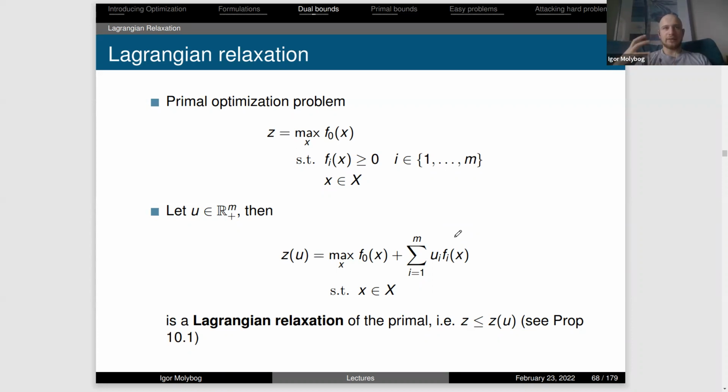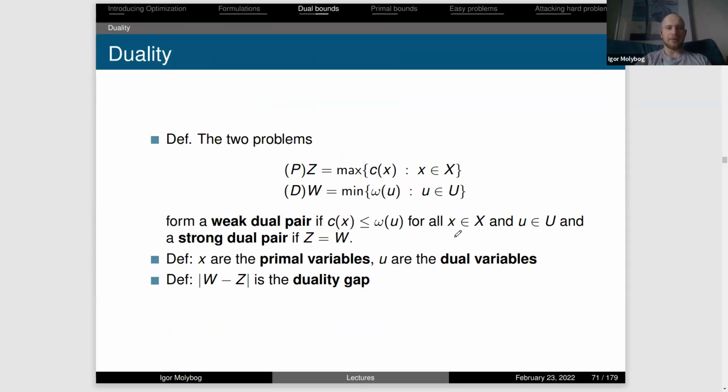Now that you have a set of relaxations, each of these relaxations should give you a dual bound, which is the upper bound for your optimization problem if you're talking about maximization. And now you can think about a problem of minimizing this upper bound, bringing it as close as possible to the actual solution of the problem, and that is called the dual problem.